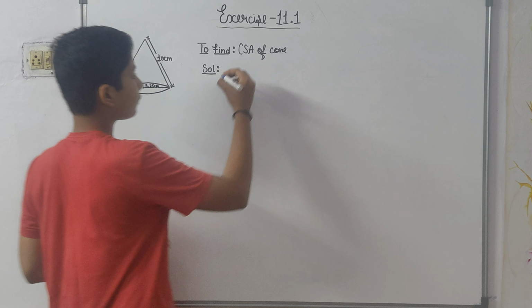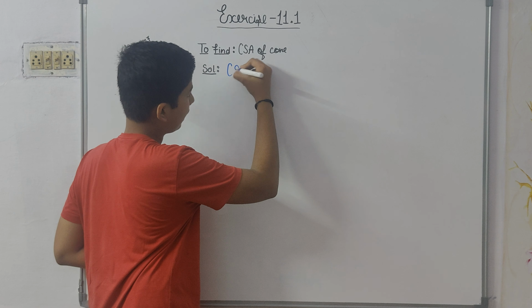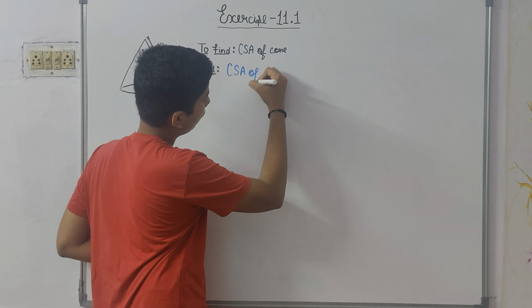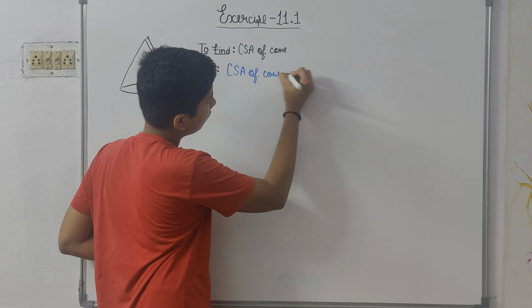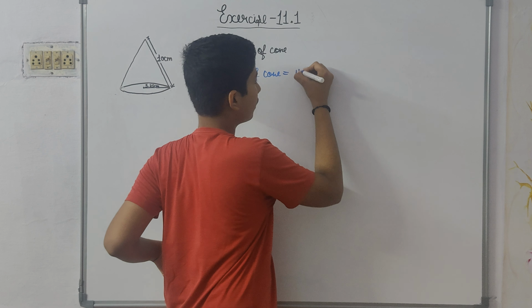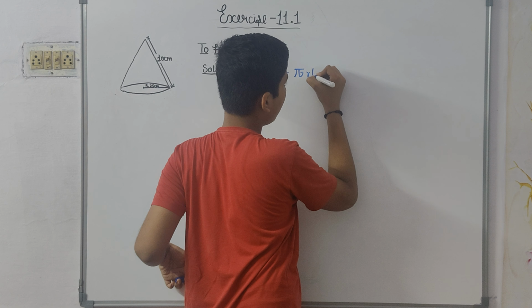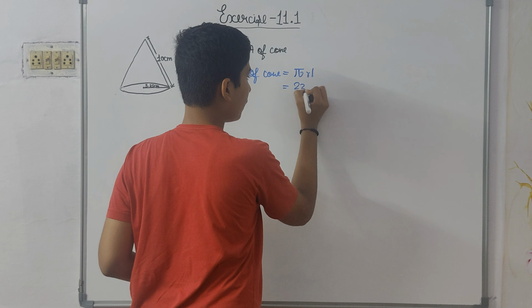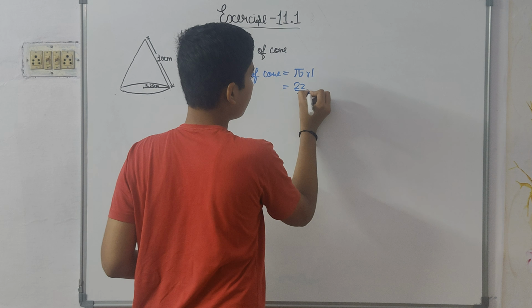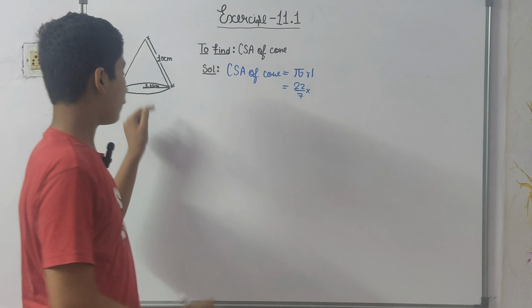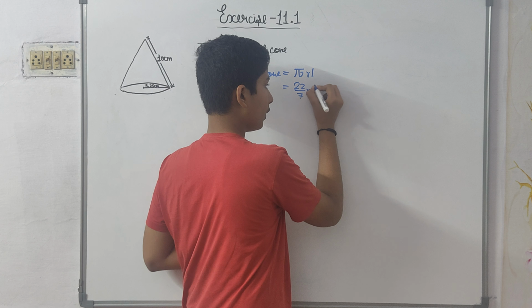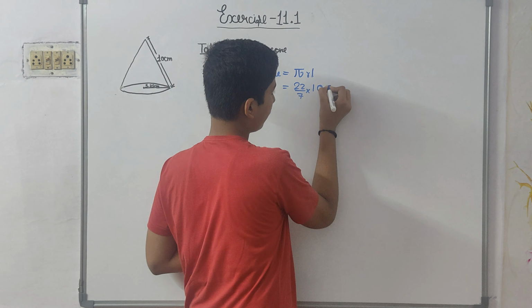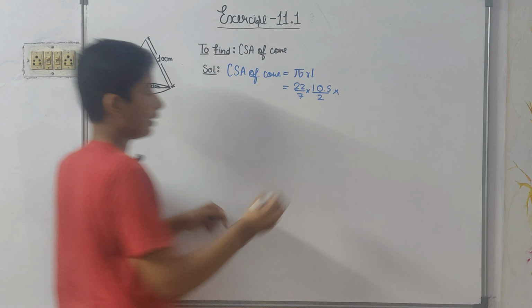Solution. CSA of cone equals pi r L. Pi is 22/7 multiplied by r. Radius is 5.25, or you can write 10.5 divided by 2, multiplied by L. L is 10 centimeter.